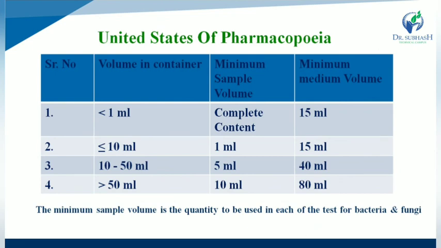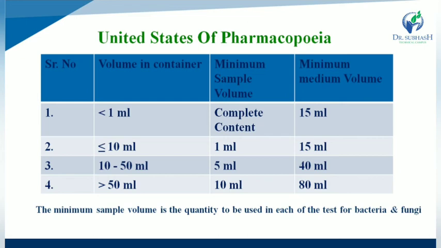According to United States Pharmacopoeia, for volume in container less than 10 ml, the minimum sample volume is the complete content, while the minimum medium volume is 15 ml. For volume in container less than 10 ml, the minimum sample volume is 1 ml and the minimum medium volume is up to 15 ml.